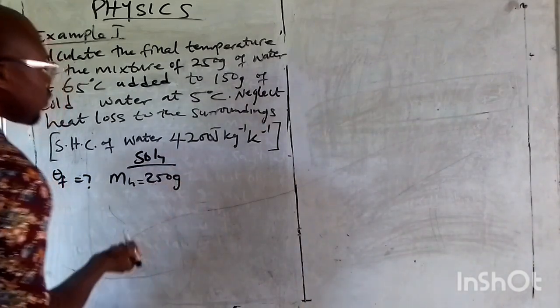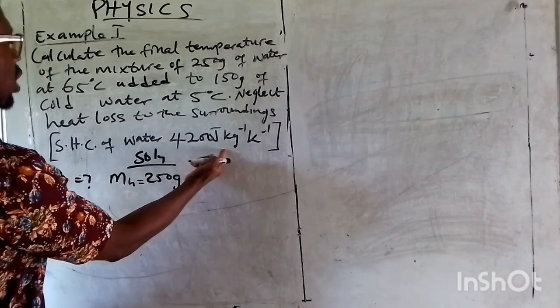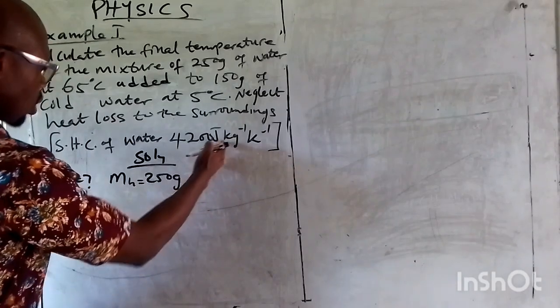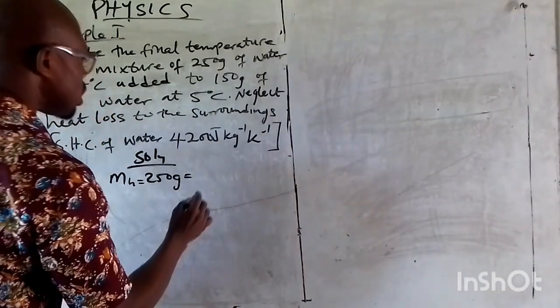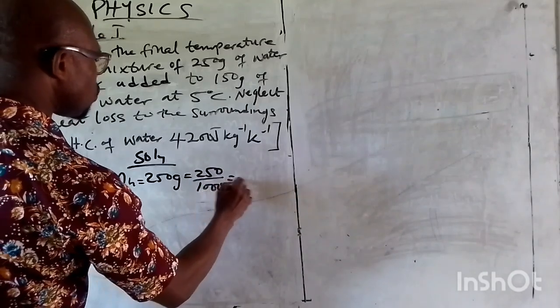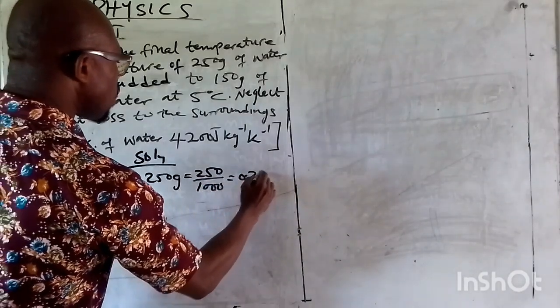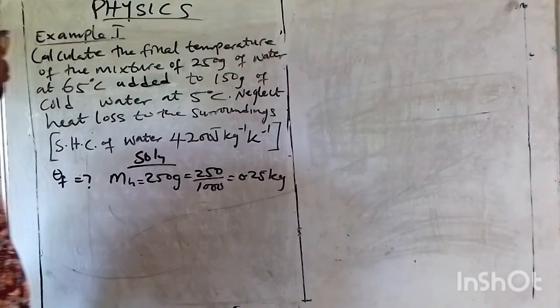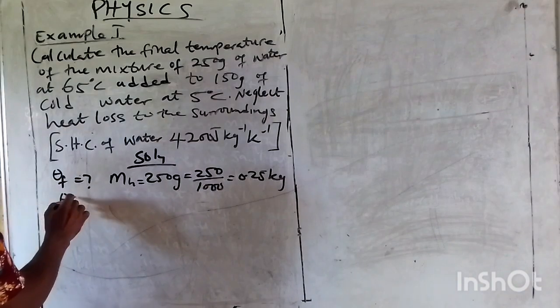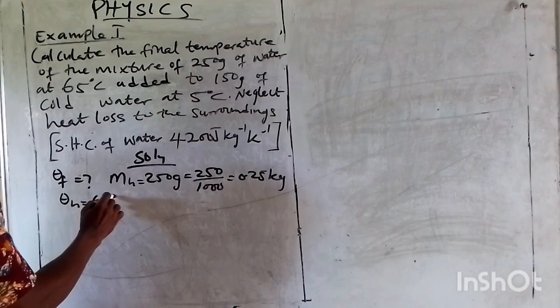The mass of hot water is 250 grams. Because the specific heat capacity is given in kg, we convert so that both are in the same unit: 250 over 1000 gives 0.25 kilogram. Temperature of hot water, theta H, is 65 degrees Celsius.